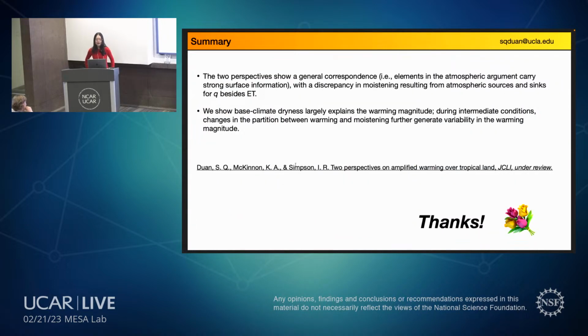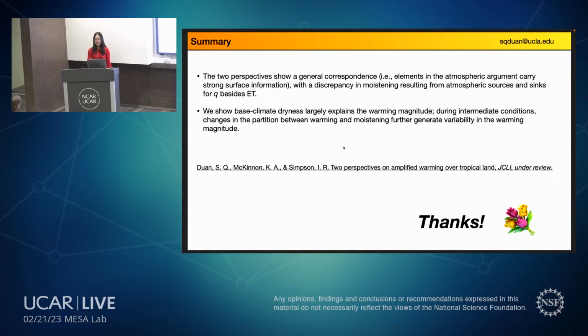And to summarize, the two perspectives show a general correspondence, which indicates that the atmospheric perspective carries strong surface information, and there is a discrepancy in moistening, which results from other sources and sinks in the atmospheric humidity besides evapotranspiration. And we show that the base climate dryness can largely explain the magnitude of warming.